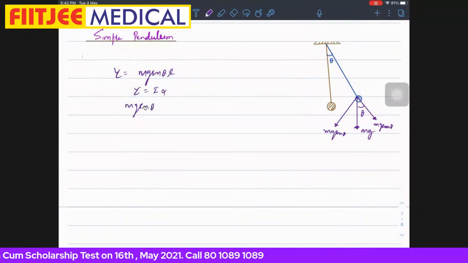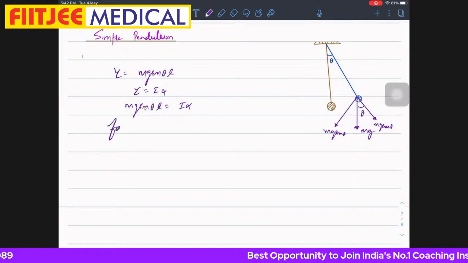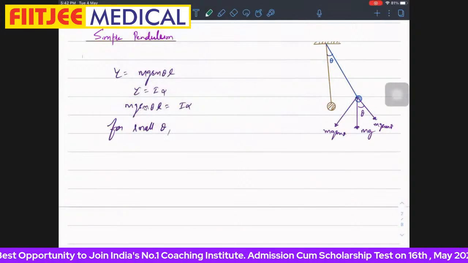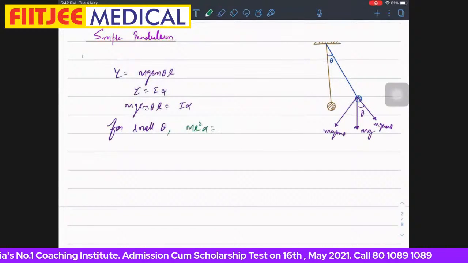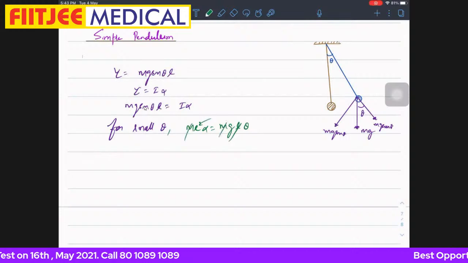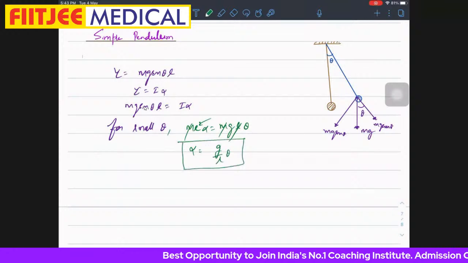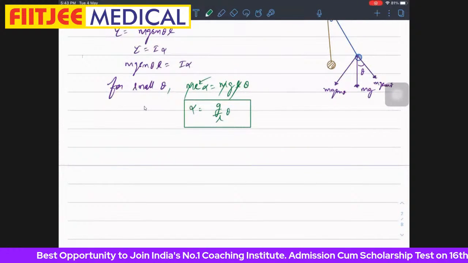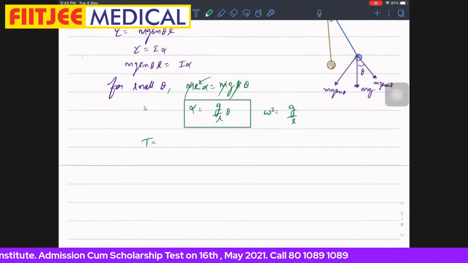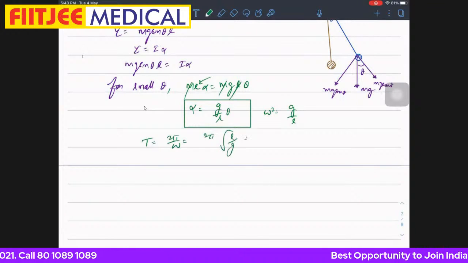So mg sine theta into L equals I alpha. For small theta, I can write m L square alpha equals mg L into theta. So alpha I can write as g by L into theta. So omega square you can write as g by L. So the time period I can write as 2 pi by omega. So for a simple pendulum, the time period will be 2 pi root under L by g.